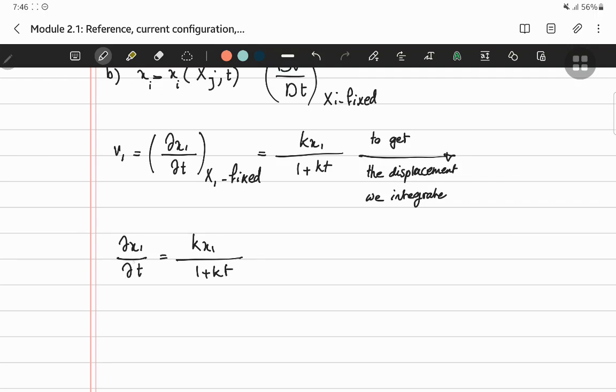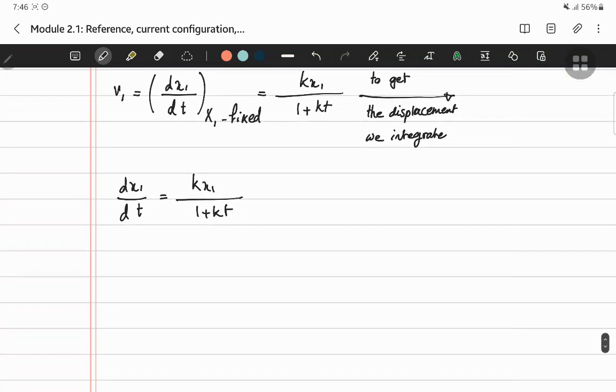And remember here that since x1 is only dependent on t, we change this partial to d. Here we had this i in here, so we had a partial derivative of xi with respect to t, so I put a partial. But here x1 is only a function of t, so it changes only with t. So I do some manipulation: I put this x1 here, I keep k in here, 1 plus kt in here, and I have dt.